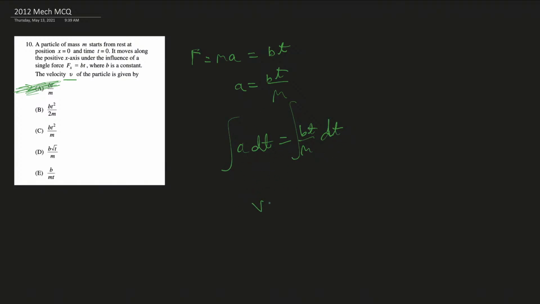So this is going to give us velocity is equal to, these are constants, so these can come out of the integral. You have b over m. You have the integral of t dt, and so you get b over m. This is just basic power rule. The physics C exam, especially for mechanics, is not going to ask you crazy hard calculus that you need to know. I mean, it could show up for rotational inertia and stuff, but not really a lot in mechanics.